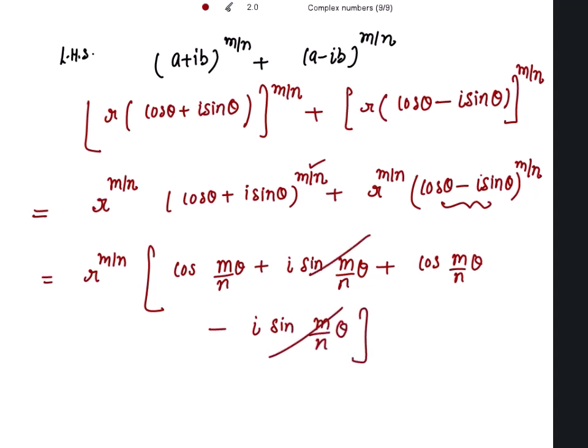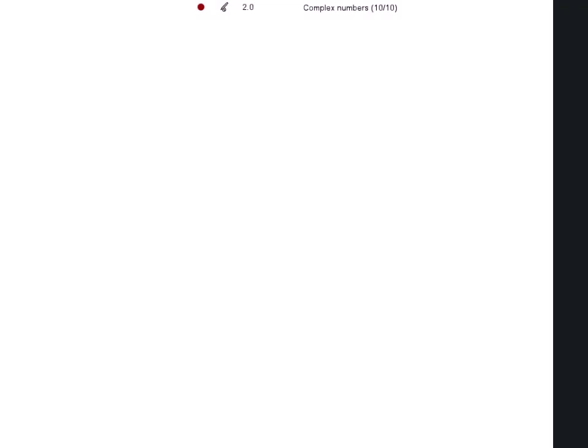So these two cancel out, and we get r the power m by n into 2 cos of m by n theta. And now we need to put the value of r and theta over here.